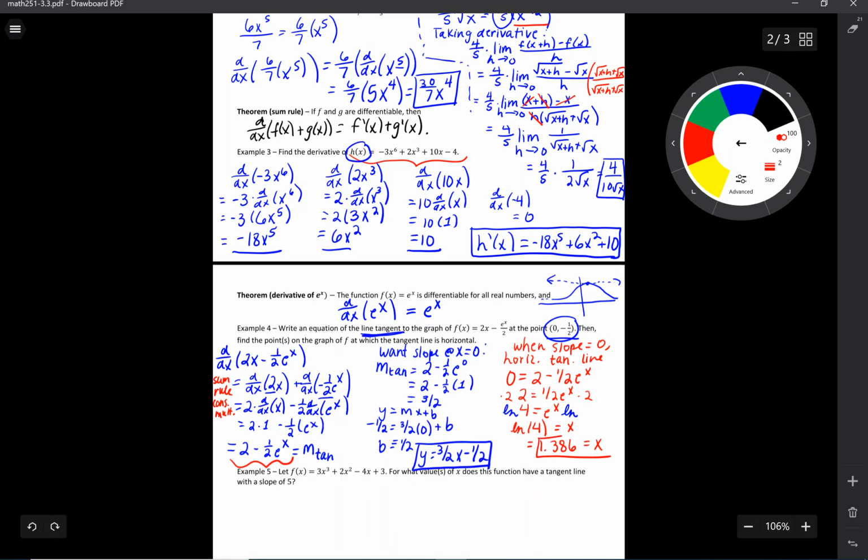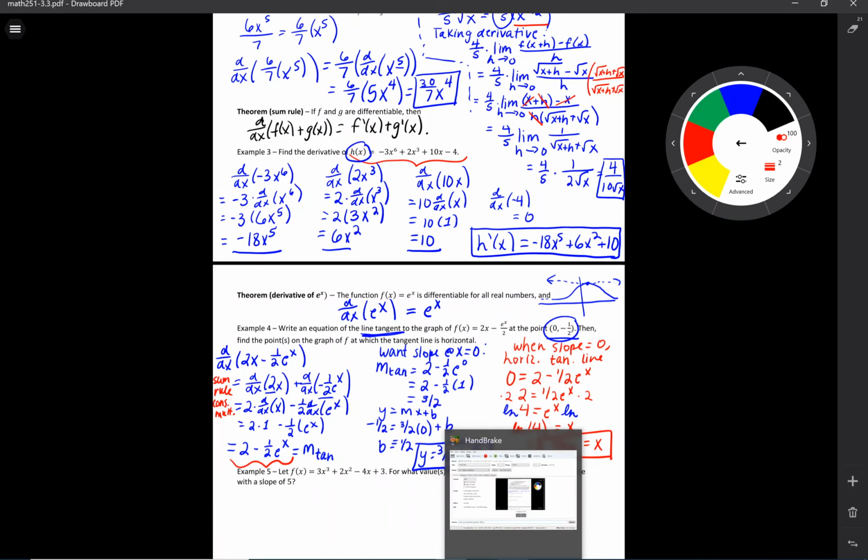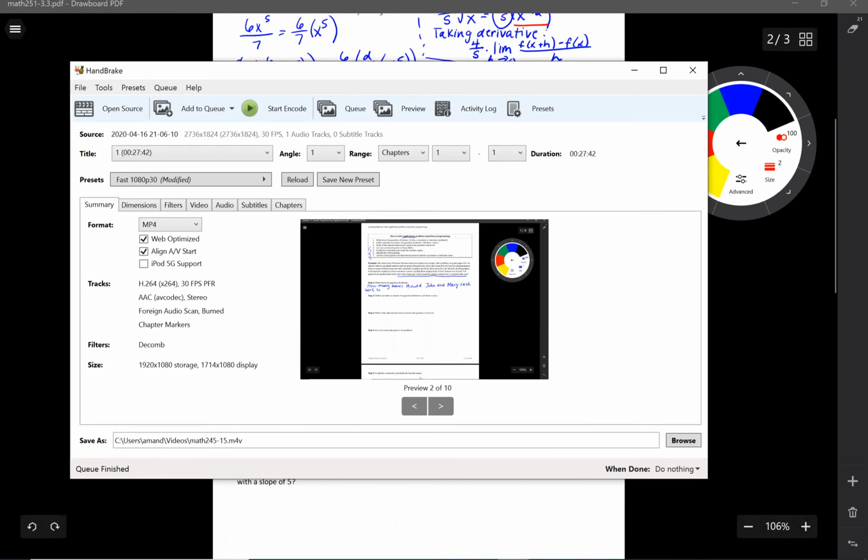So this means that at the point x equals 1.386, I either have a local max or a local min, and that is where my tangent line is horizontal. So let's look at the graph of this function on Desmos.